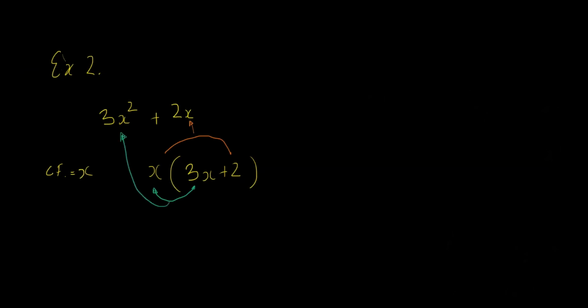What bit don't you get? So when I do x times 3x, it gives me 3x squared. And I do plus x times 2, which gives me 2x, which is the reverse. So I've gone from this into a bracket. That's what I've done. Any questions? Ask me now, because it's only going to get harder.